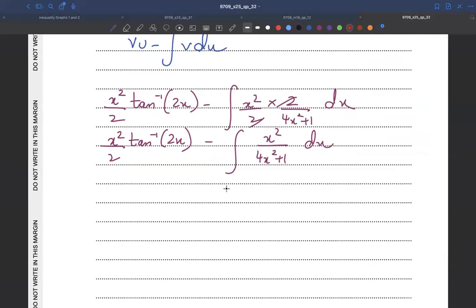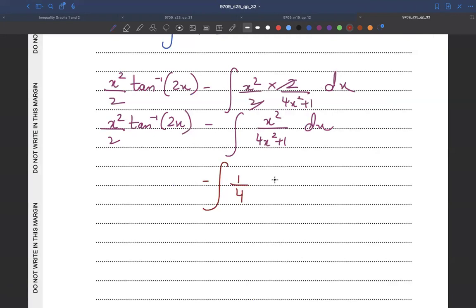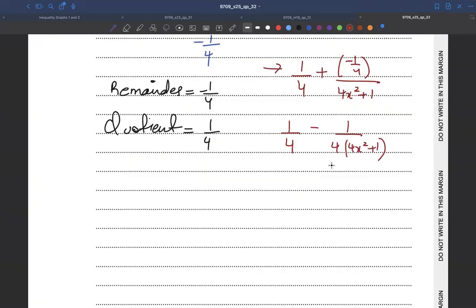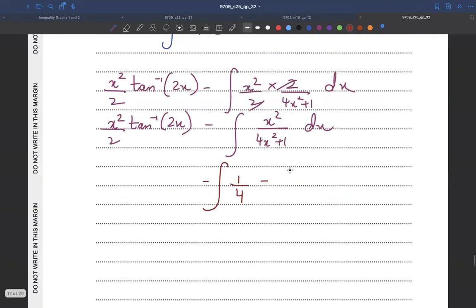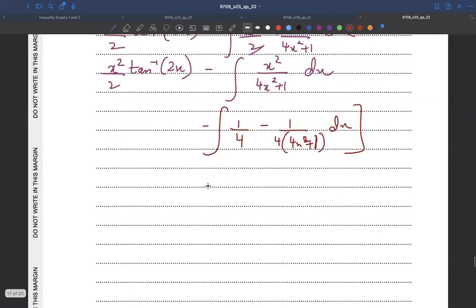So this will become minus, and with the integration sign, we'll get 1 upon 4 minus 1 upon 4 into 4x square plus 1, so 1 upon 4 into 4x square plus 1 dx. We can take the 1 upon 4 common outside to make things easier. We'll get 1 minus 1 upon 4x square plus 1. That is the term we have to integrate now.